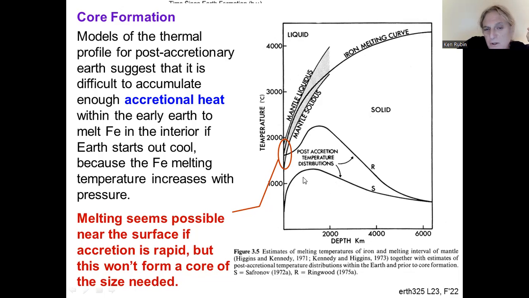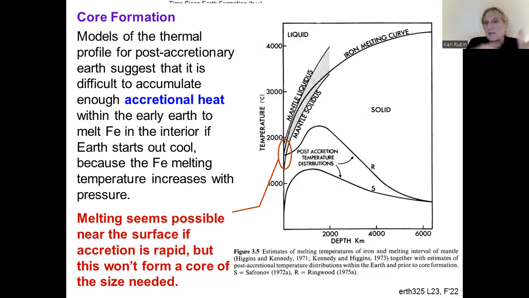We see that the typical slow buildup, which results in the largest late bombardment craters on the moon at 3.9 billion years, is really not fast enough to ever get hot enough to cross these curves. However, we do get hot enough if we build things up relatively rapidly. So we can have a heterogeneous model. We just barely touch the solidus, but we do touch it. We can melt near the outside of the Earth, not in the interior, but out near the edges, okay? And when that happens, we get a silicate melt and molten iron.